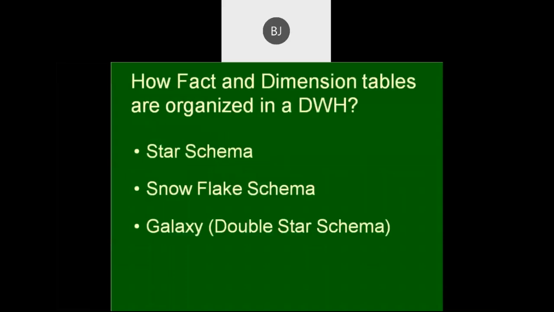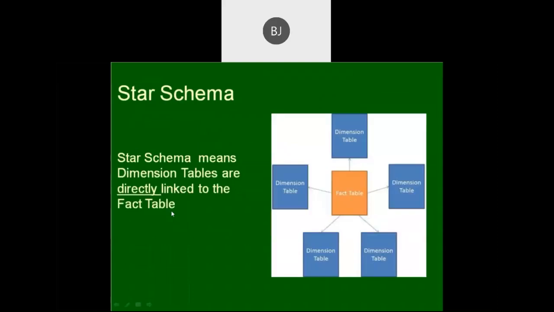So, what is a star schema? It is about how fact tables and dimension tables are organized in the data warehouse. By default, many companies recommend the star schema. Star schema means dimension tables are directly linked to the fact table. Dimension tables will always have a primary key.